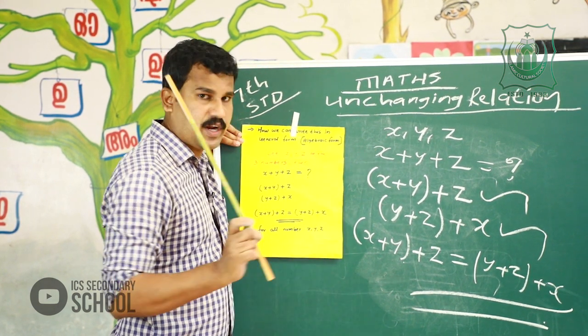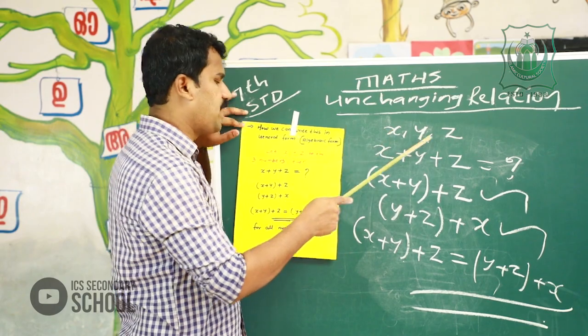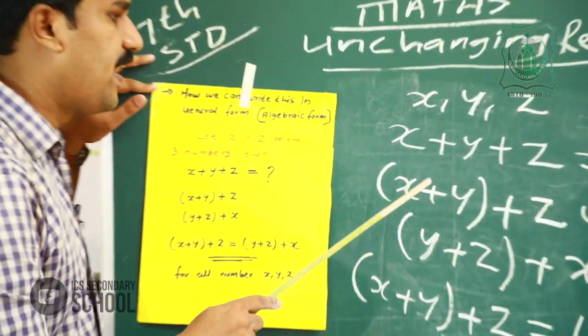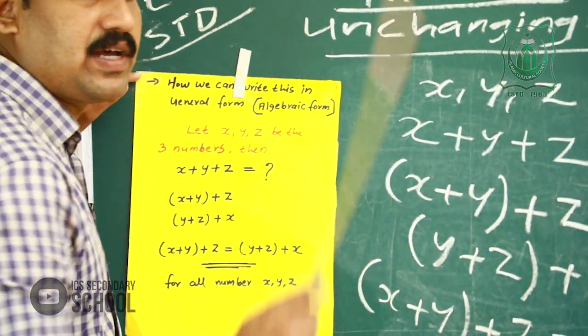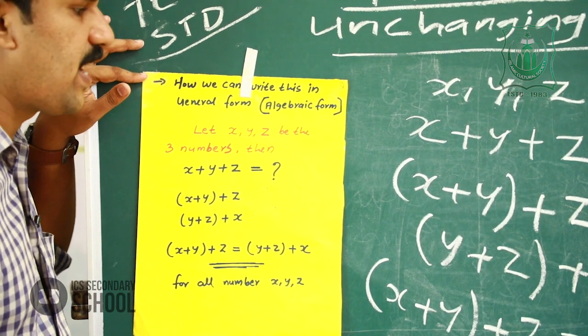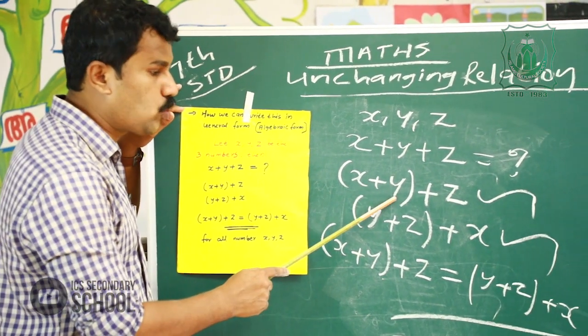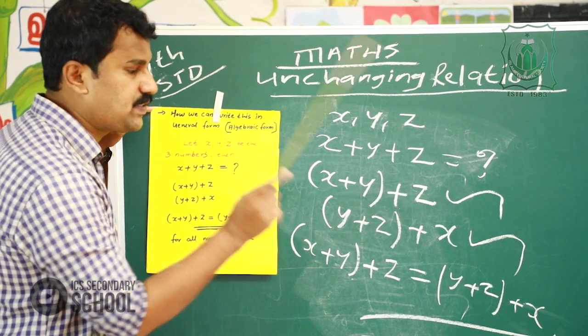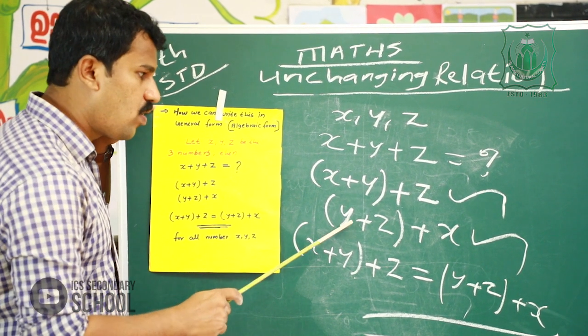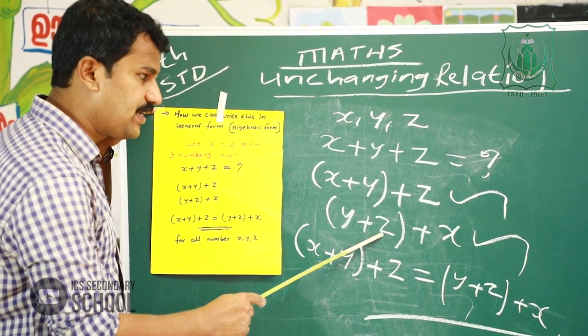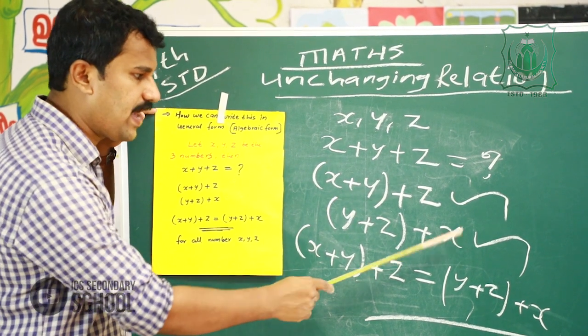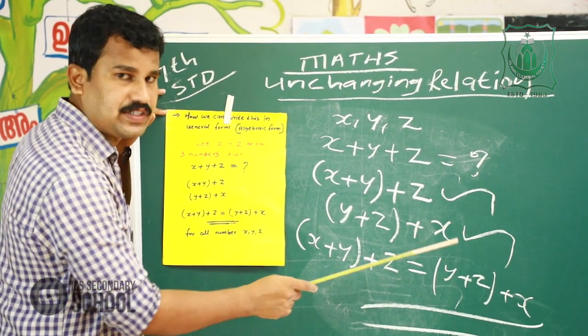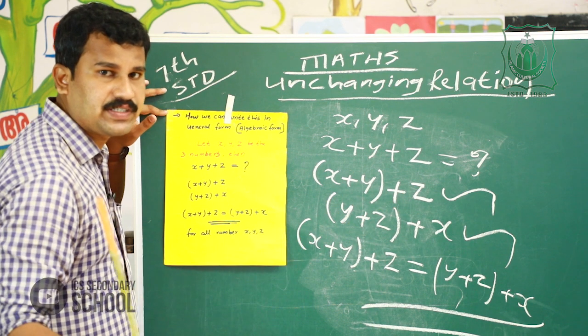Once more I repeat: let x, y, z be the three numbers. Then x plus y plus z, also y plus z plus x. In both methods the answer is the same.